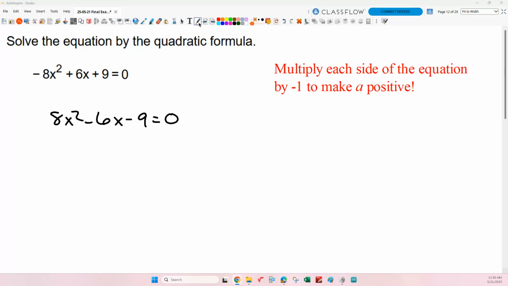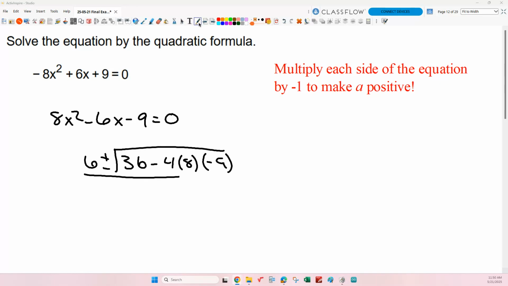6 plus or minus square root of 36 times -9. 16, okay. Does anyone have a calculator? If not, I know I was working it out.